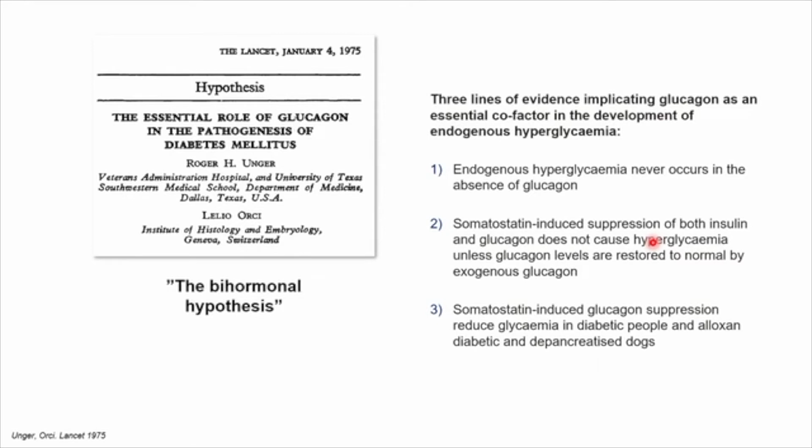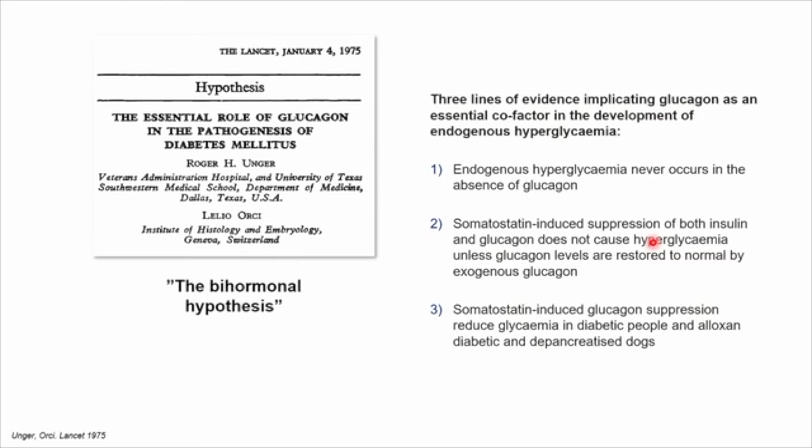And the third line of evidence is that somatostatin-induced glucagon suppression can reduce glycemia in diabetic people and alloxan-diabetic dogs. So that means that in order to have diabetes, you must have glucagon on board.